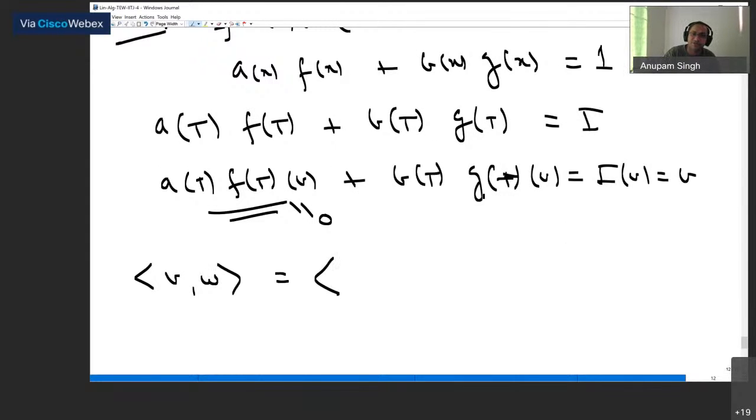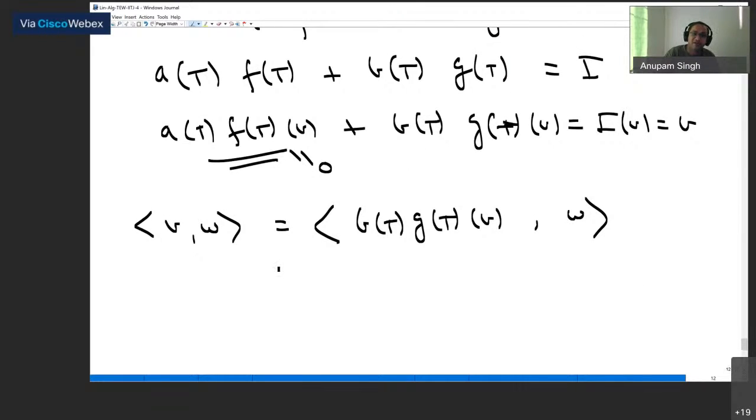I substitute this value of v from this equation, so this is ⟨b(T)g(T)v, w⟩. Now I can take g(T) to the other side, because g(T) is also an operator, with a star. So ⟨b(T)v, g(T)* w⟩.